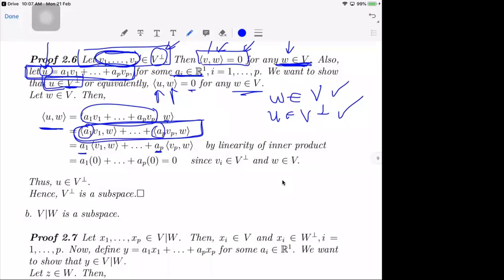But for each element, where is V? V1, that is what we defined as U. Where is V? In B perp. Where is W? In V. So this inner product is just 0. Correct? This is 0, this is 0, multiplied by a constant, which is just 0.